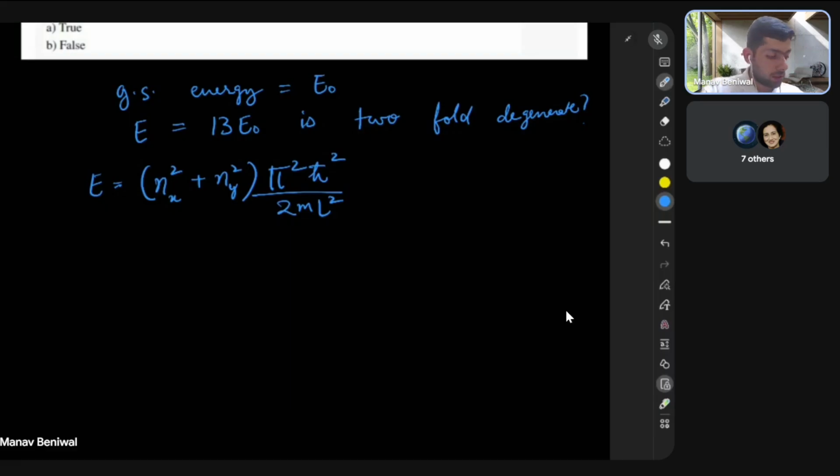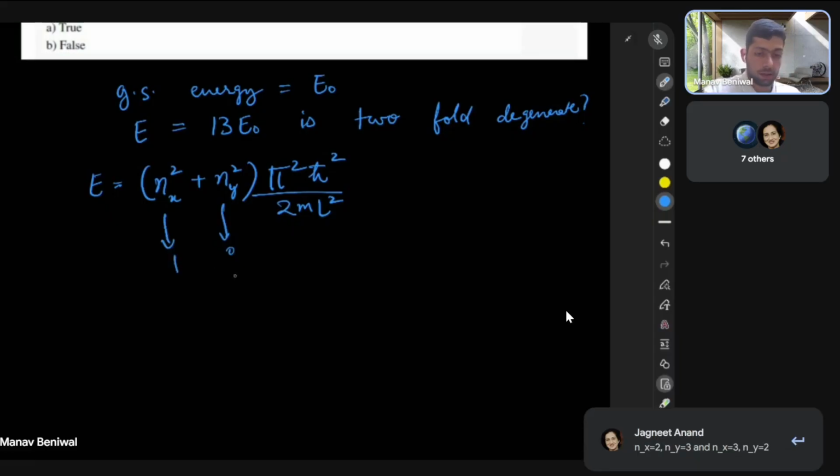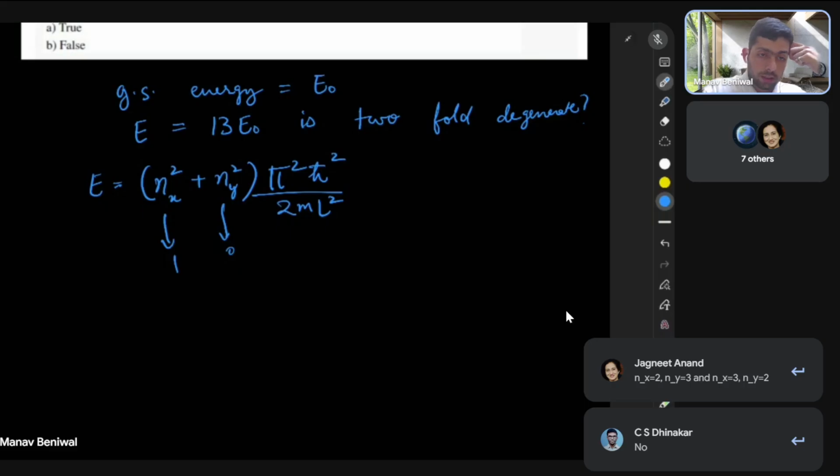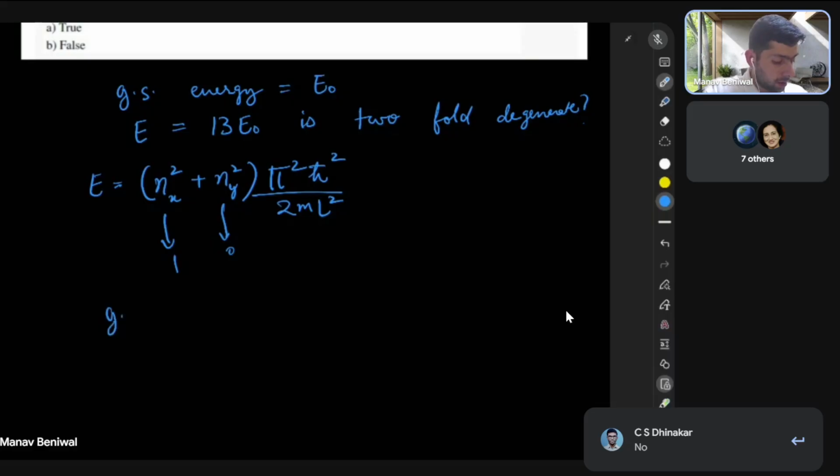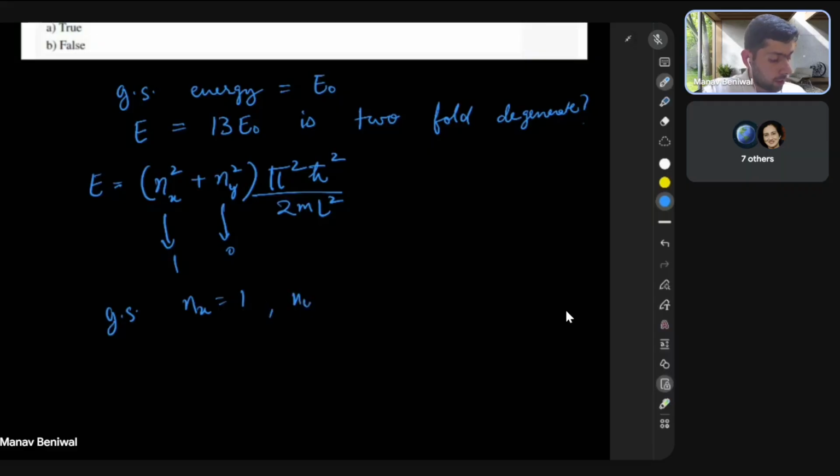Can we put 0 here and 1 here? We cannot do that. So for the ground state, we have to put nx also 1 and ny also 1.